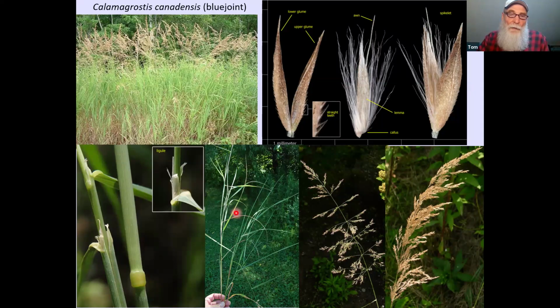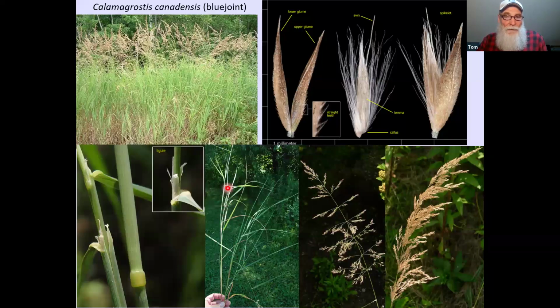Reed canary grass, again, is more robust and broader in some ways, broader stems, broader leaves, and blue joint is much more of a slender grass. Think of it as being much more slender. Also, and reed canary grass does not do this, blue joint will have this branching. There will be branches that come out of the leaf axils further up the grass here.